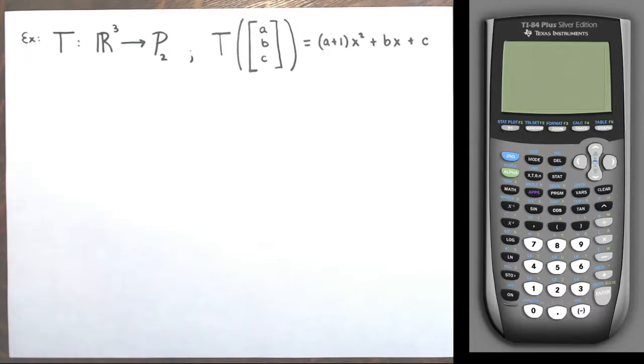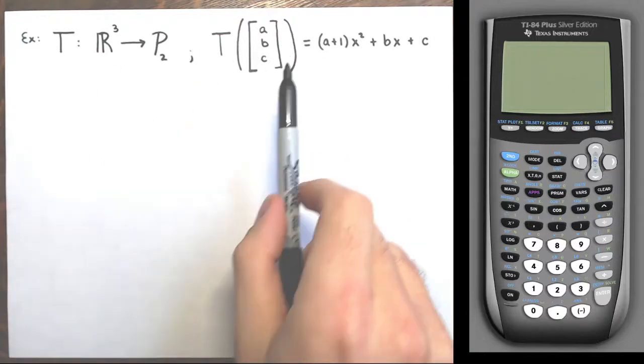This example is just to show you that just because two vector spaces are isomorphic, that does not mean that every transformation between them is an isomorphism. When you say two spaces are isomorphic, that means there is at least one transformation between them that's an isomorphism. Not every transformation between them will be, like I'll show you here.